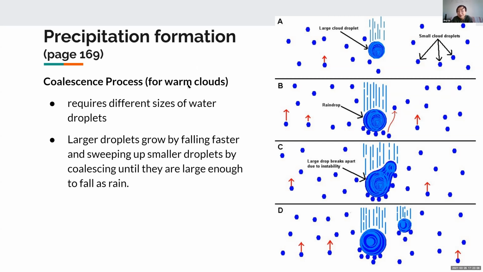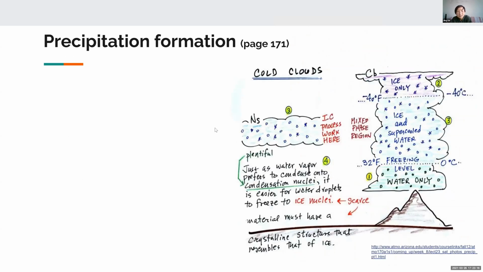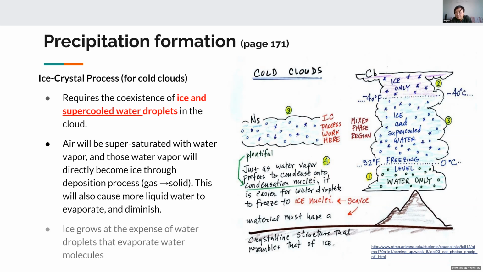So in Singapore and the Philippines, right? You will see a lot of this type of precipitation due to warm clouds. But if you see snow or hail, the cloud is actually colder. In the colder cloud, precipitation formation follows the ice crystal process.